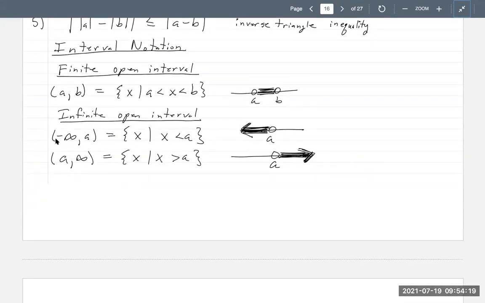The open interval from negative infinity to A is just the set of all numbers that are less than A and not equal to A. The open interval from A to infinity is the set of all numbers that are greater than A.